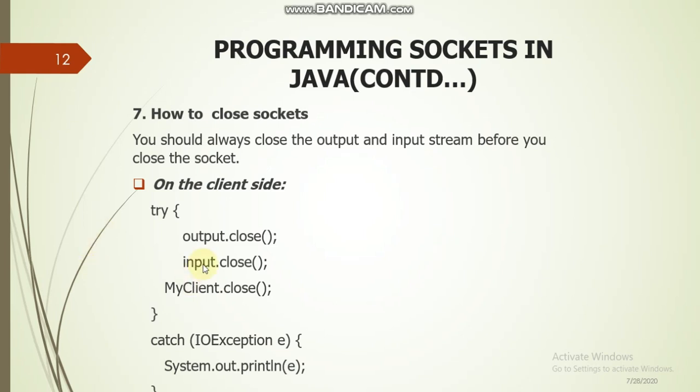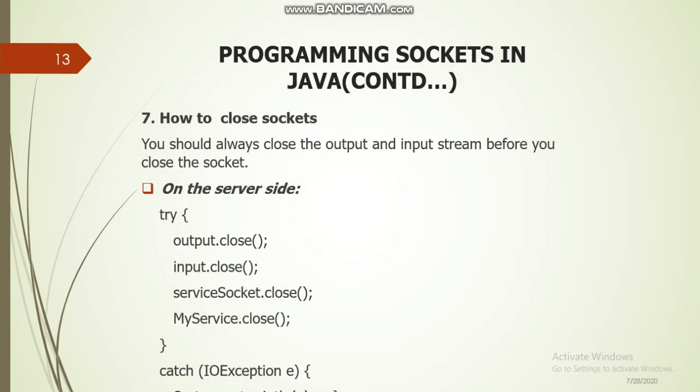On the client side, we use output.close to close the data output stream, input.close to close the input stream, myClient.close to close the socket. We do the same at server side.